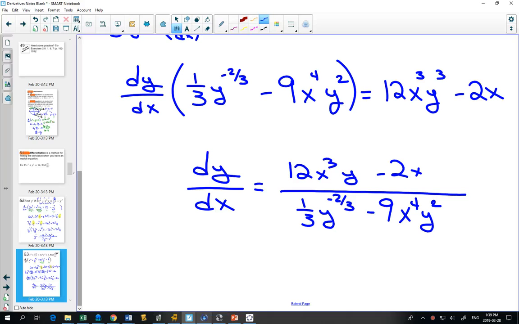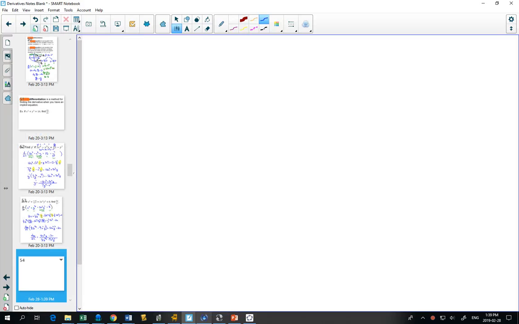Okay, I am going to make up an example to show you how this is working. So you don't have to write this down. You can just watch. But we're going to do something simple. y squared equals x. Find dy/dx. So if I was doing the derivative of this, I would do the derivative of both sides.